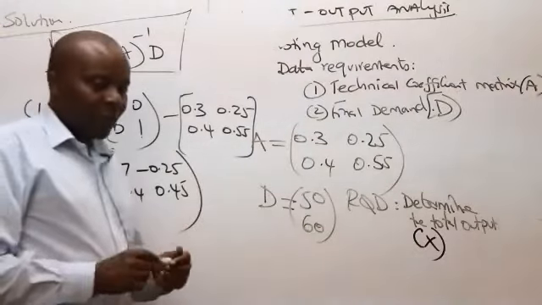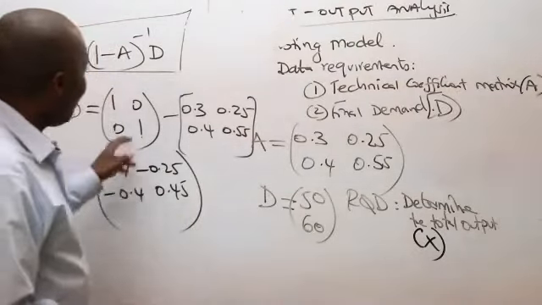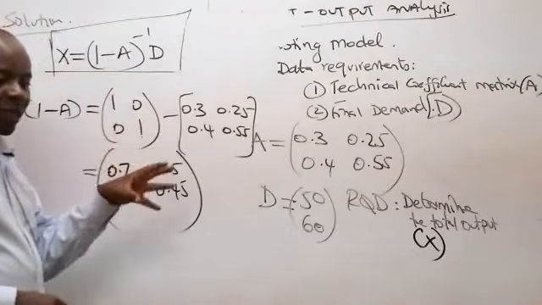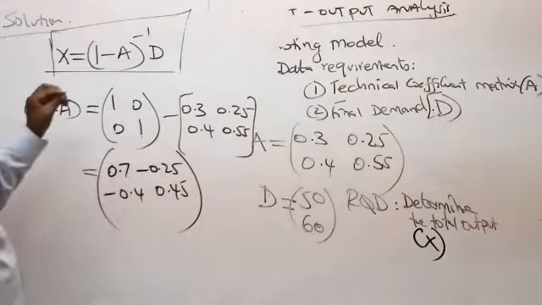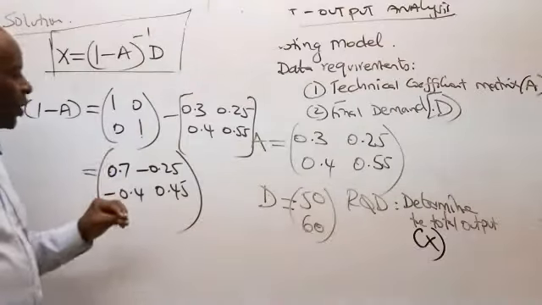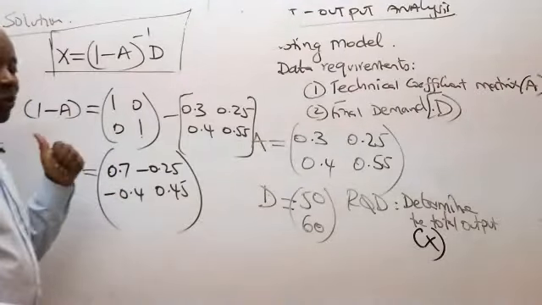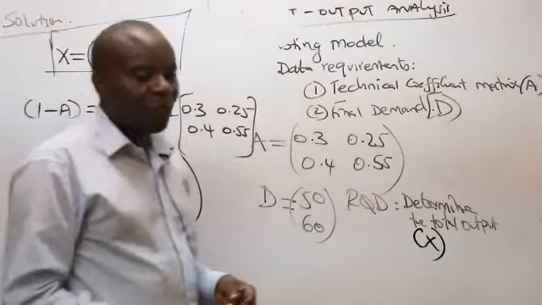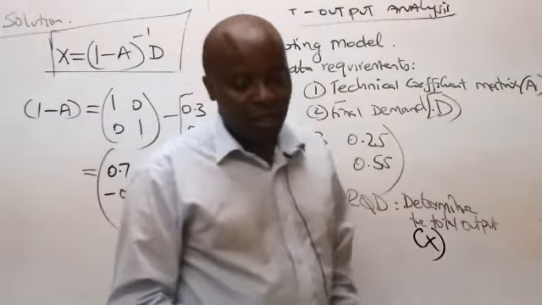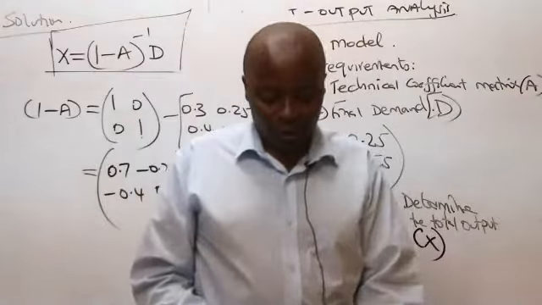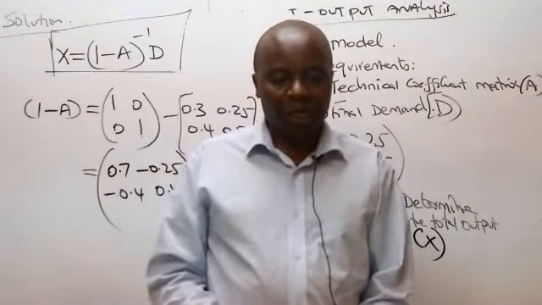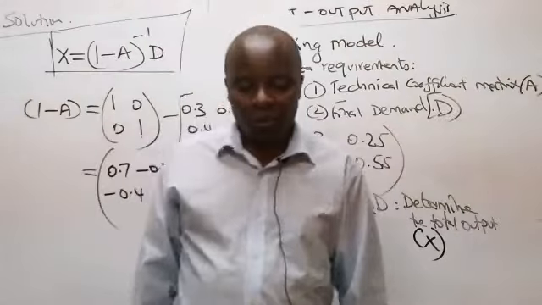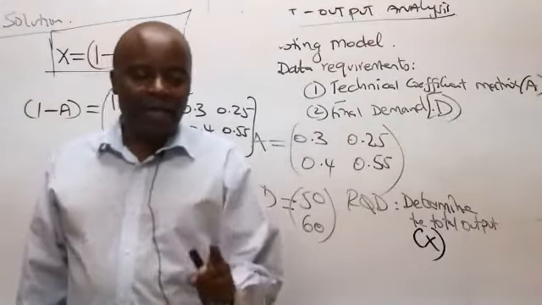Now, ladies and gentlemen, if you are a keen student, having gotten this that is in brackets according to BODMAS, what do you think will be the next thing to be done as per the formula? Find the inverse.